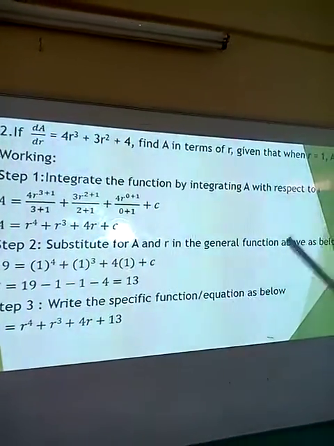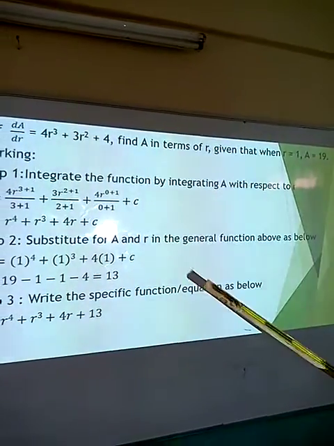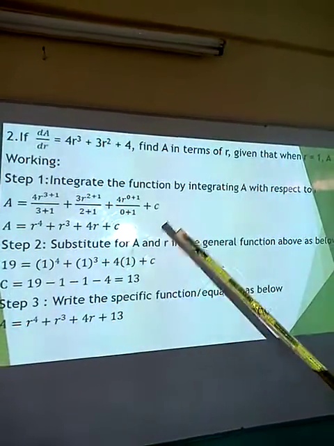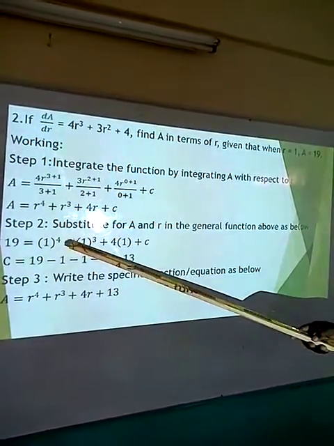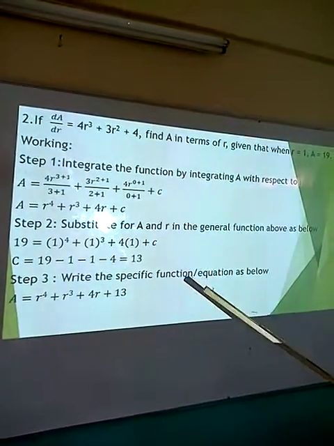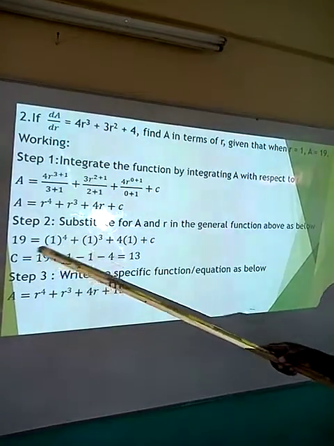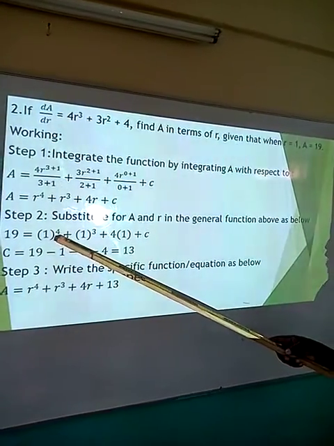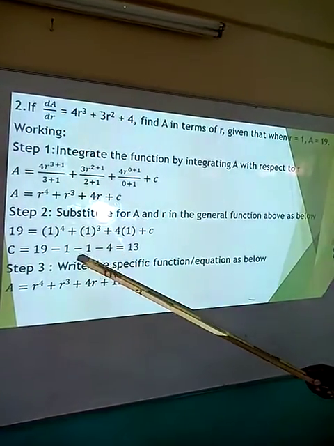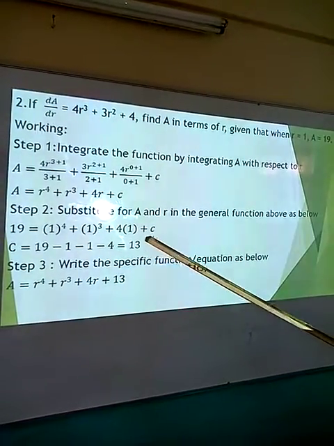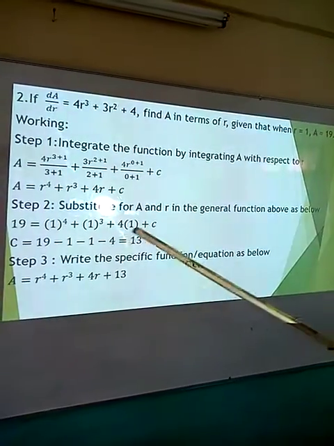That is the additional information we need so that we are able to get the value of c, which is a constant. You can see in the first step we have substituted for A 19 and r to be 1. In the second step we have simplified and we end up with c is equal to 13.